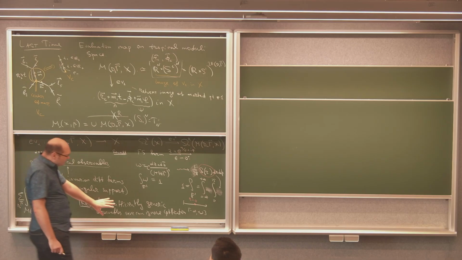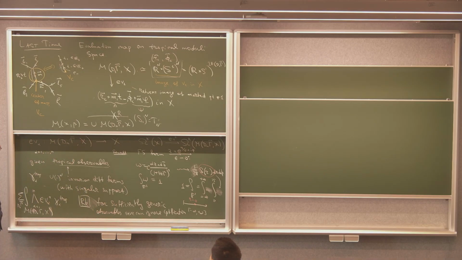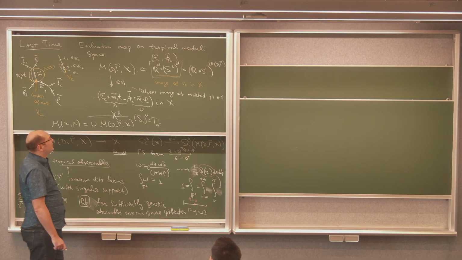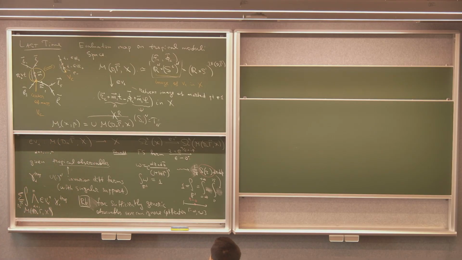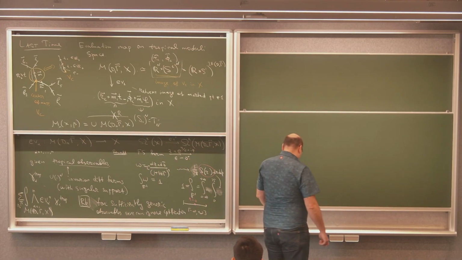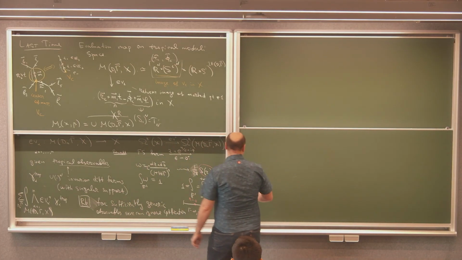However, for sufficiently generic observables, we can just ignore this compactification part and integrate over each individual moduli space and just add up the result.